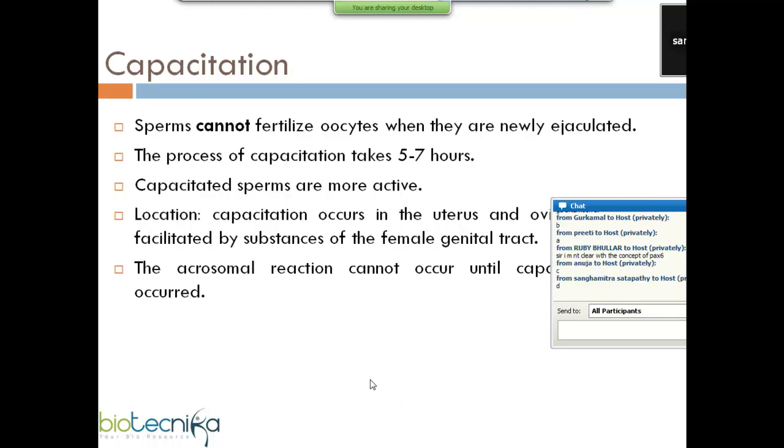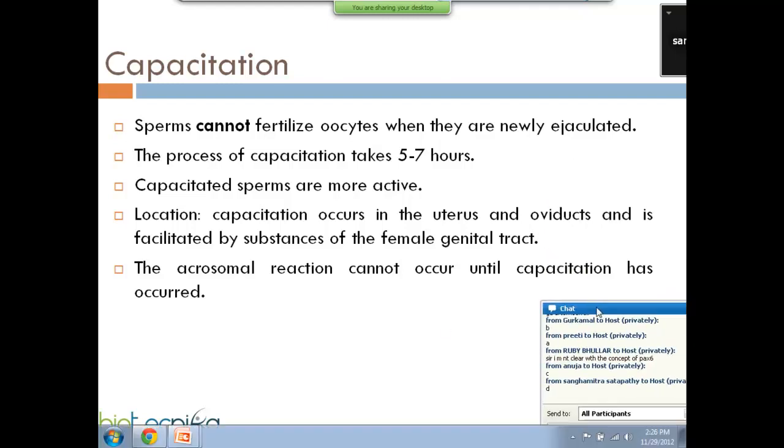Capacitation. What is capacitation? Actually, the sperm cannot fertilize an oocyte directly. If you take sperm directly from your testis, and then take an ovum from a female and keep it in the test tube, and add that sperm, do you think the sperm will go and fertilize?